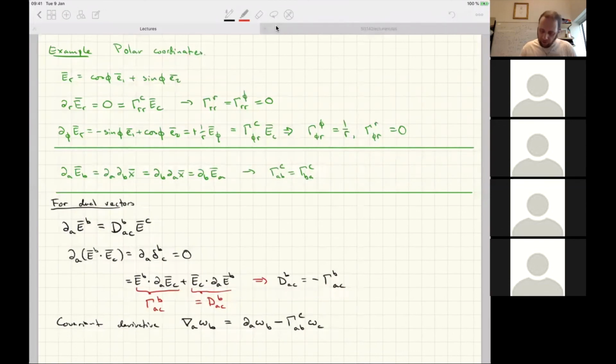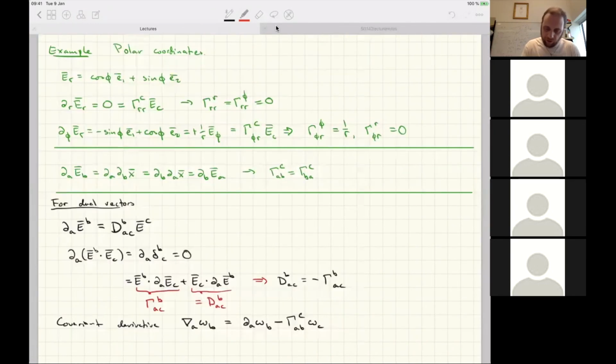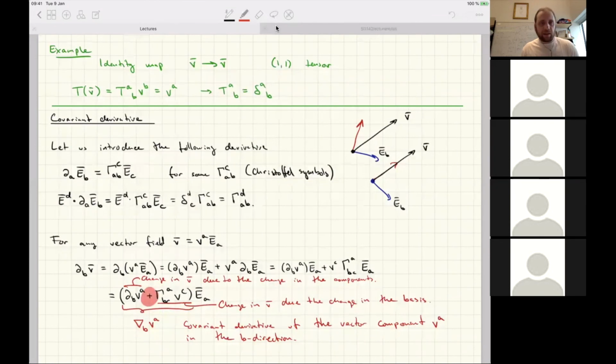So if you compare this to what we had for the tangent vector components, for the contravariant components, you can see the difference here is that we have a minus sign in this case, we have a plus sign in this case.